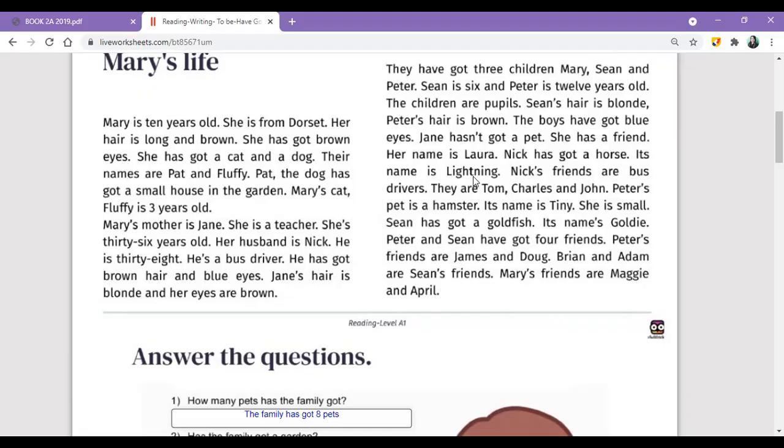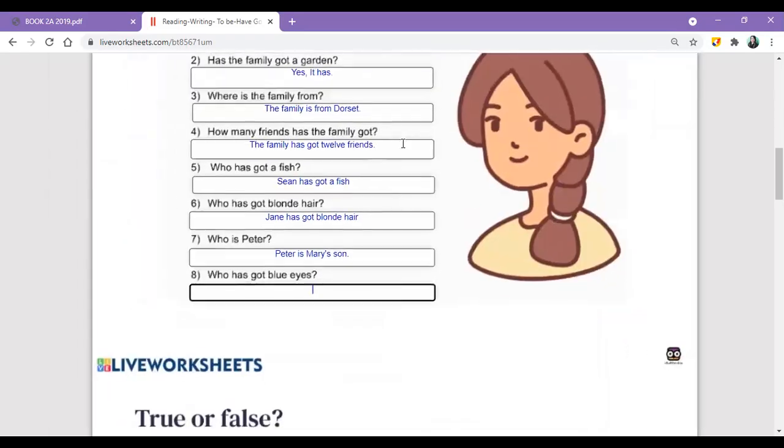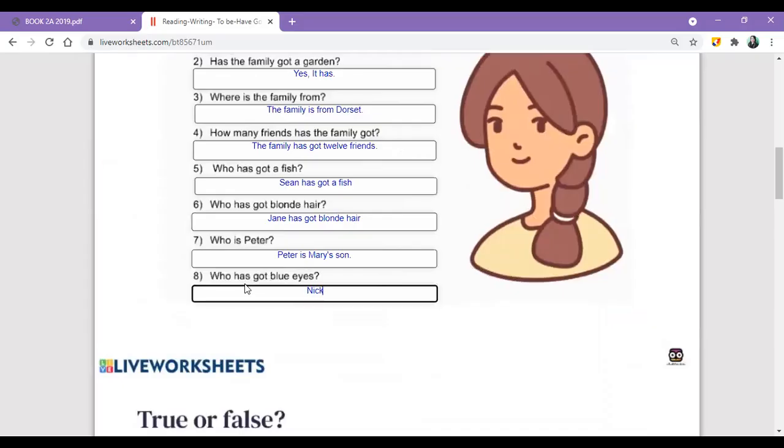Let's go to the other side. Sean's hair is blonde. Peter's hair is brown. The boys have got blue eyes. So Nick and his son.